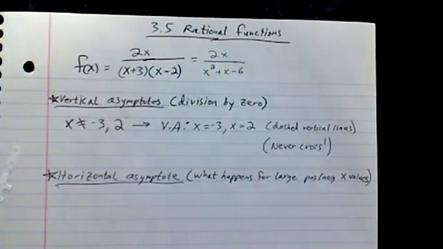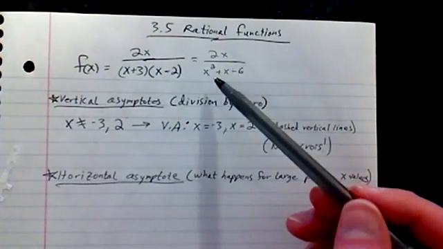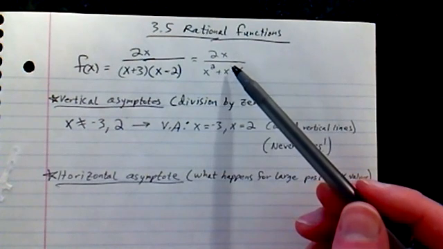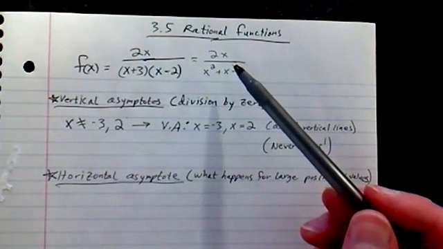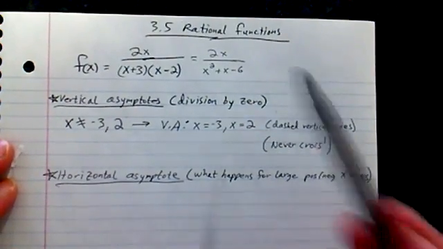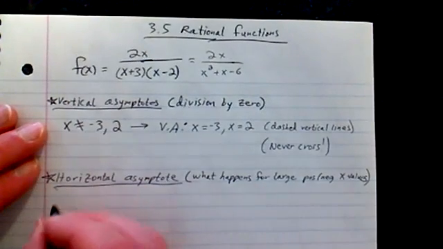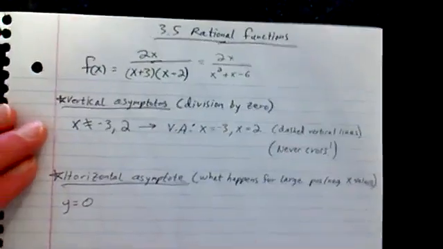The bottom is getting bigger much faster than the top. If the denominator is much bigger than the numerator, it's getting closer to 0. So in this case, my horizontal asymptote is a horizontal dashed line, y equal to 0.